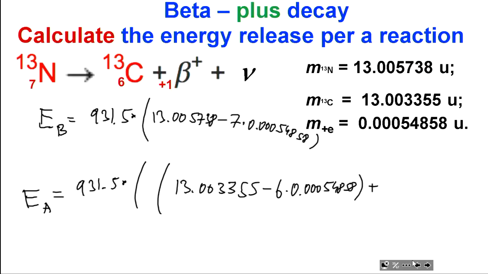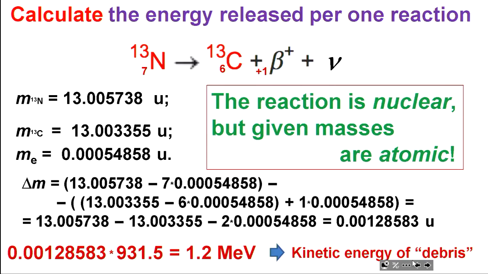And now I have to add the mass due to the positron, but the positron is an anti-electron, and has the same mass. Close the parentheses. And again, these two numbers are not equal to each other. Some energy is released in the form of kinetic energy. They travel away from each other. And we neglect the presence of the neutrino.